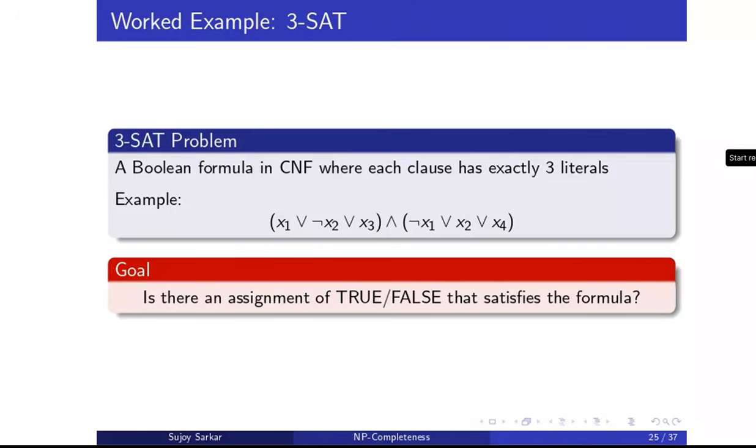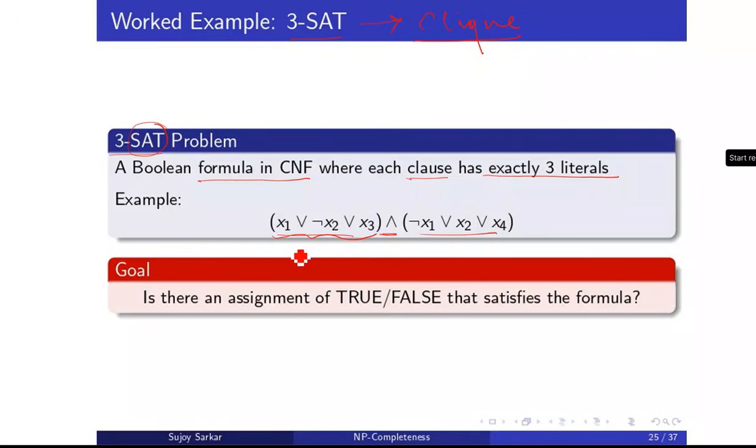So the example, as I told, we'll discuss 3 SAT to Clique. So first let us understand the problems. What is 3 SAT? 3 SAT is a variation of the satisfiability problem, it's the Boolean satisfiability problem only. The only difference is that here the Boolean formula is in conjunctive normal form, CNF, that is an AND of OR terms, right? And where every clause has exactly 3 literals.